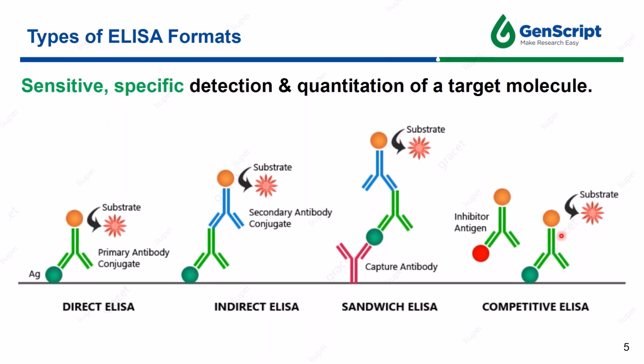In contrast, if there is very little antigen in the sample, there will be very little reduction in the expected signal output. So its main advantage is that no sample processing is required, and crude or impure samples can be used.